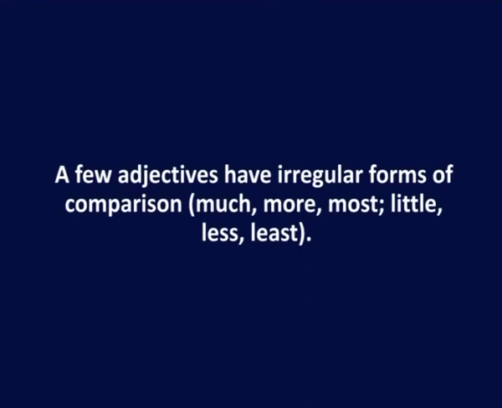A few adjectives have irregular forms of comparison like much, more, most; little, less, least. Some adjectives like round, unique, exact, accurate, often called absolute words, are not logically subject to comparison. Do not add s or es suffix to an adjective to make it plural.